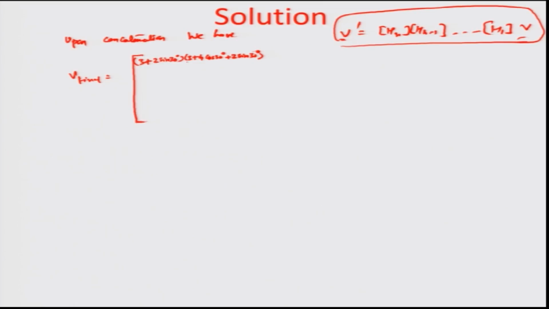In a similar manner, we will have 3 plus 4 cosine 30, 3 plus 2 sine 30.